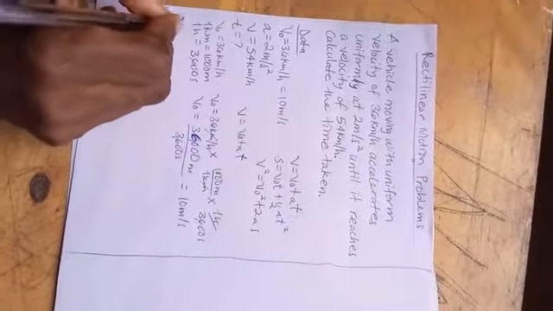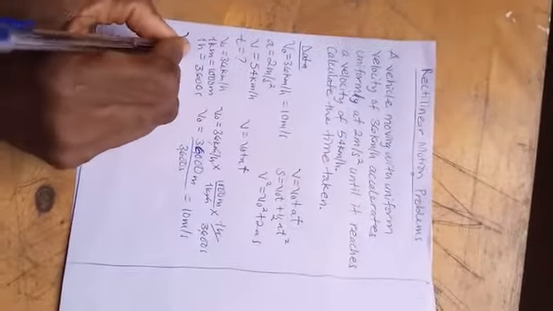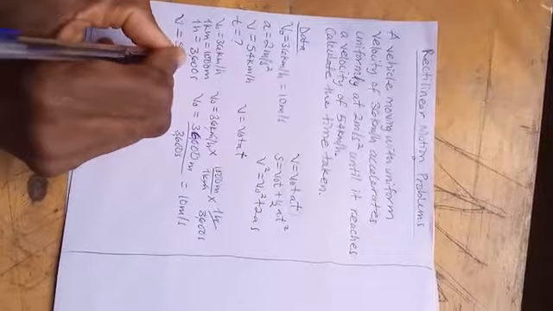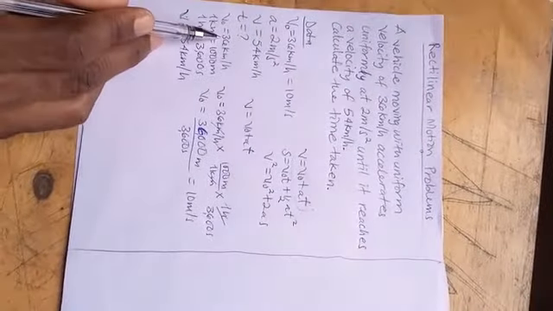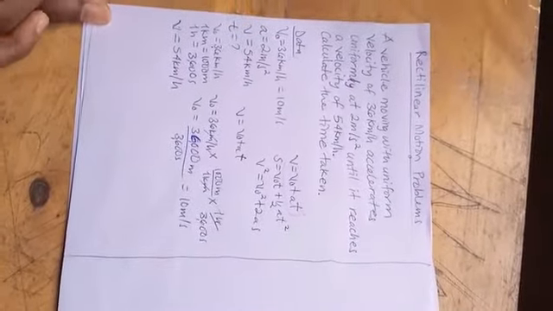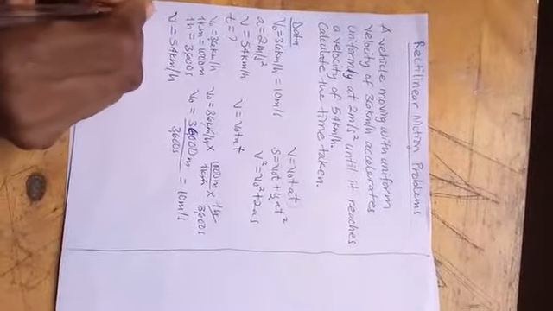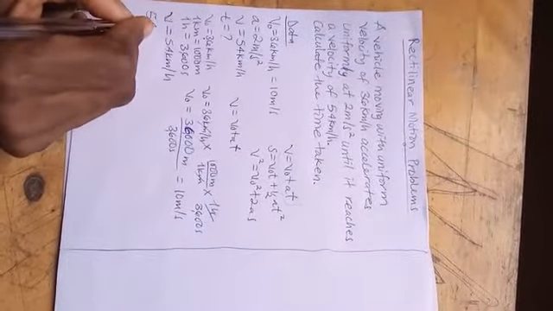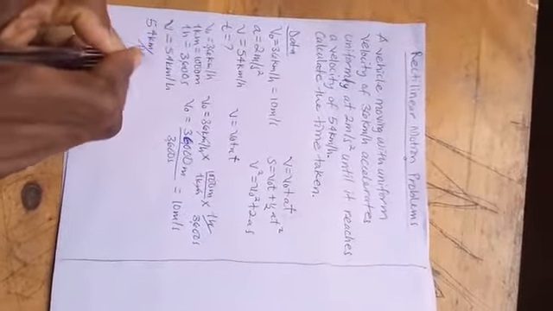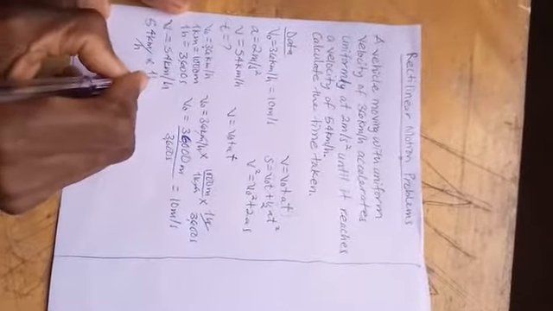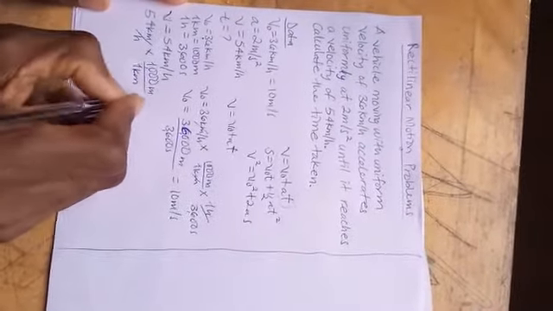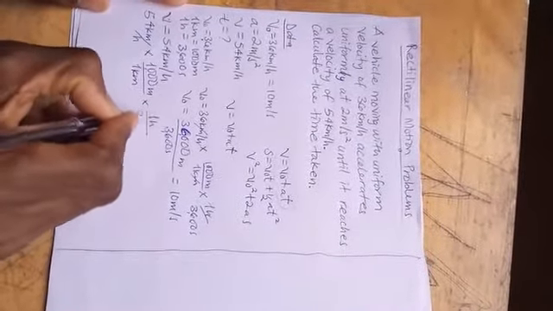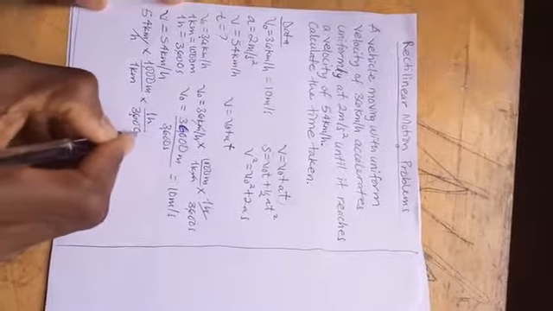Let's go to v, which is the final velocity. v is equal to 54 km per hour. We use the same analysis we used to convert 36 km per hour to meters per second. We say 54 km per hour times 1,000 meters per 1 km times 1 hour per 3,600 seconds.